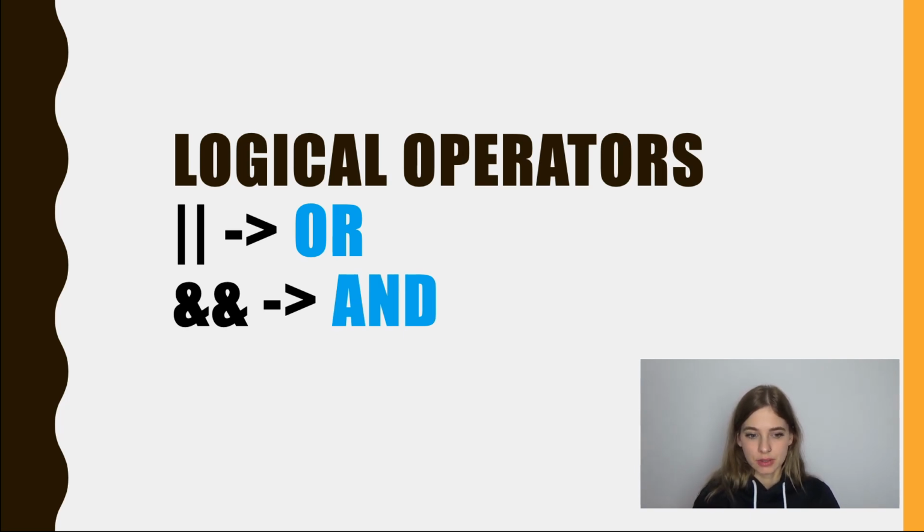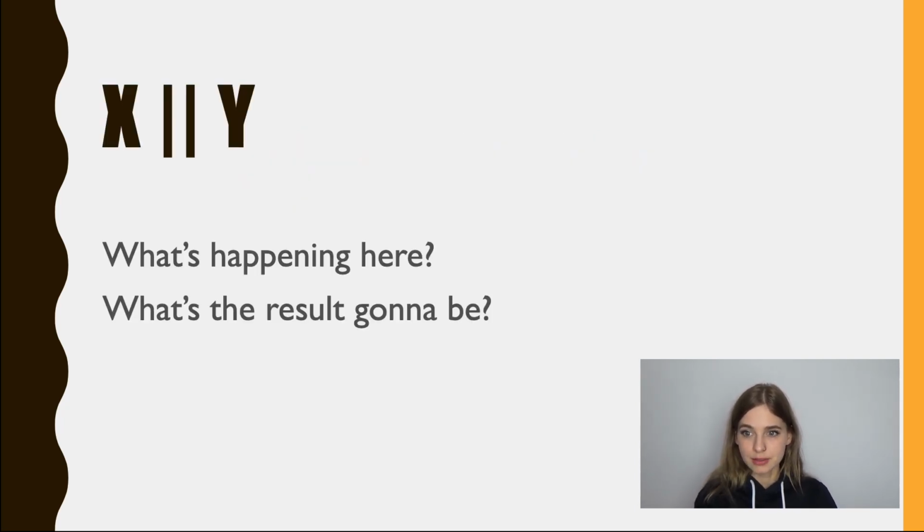But sometimes when we use the operators or and and, like here, is X or Y, what's happening here and what's the result going to be? This is something we didn't go through, so I feel like we should do it now, and then we are definitely done with the whole basic data types and with the Boolean.